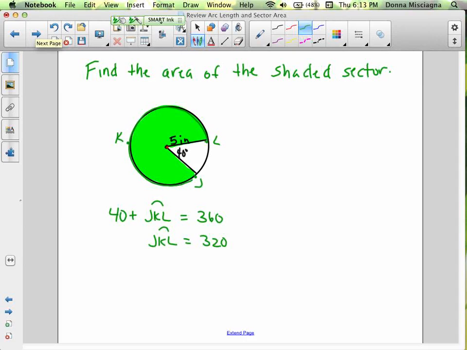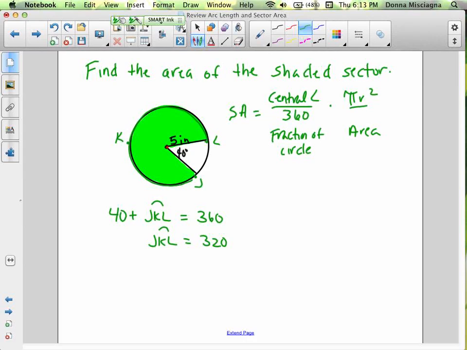Find the area of the shaded sector. Remember, sector area is going to be the central angle over 360, which gives you the fraction of the circle, times pi r squared, which is the formula for area. I'm just going to write sector area because I didn't label the center of the circle.